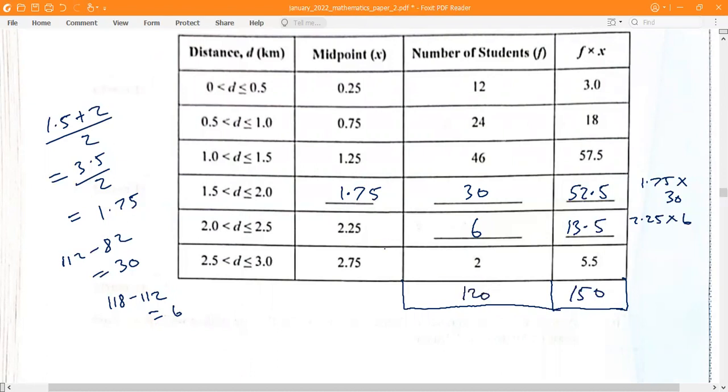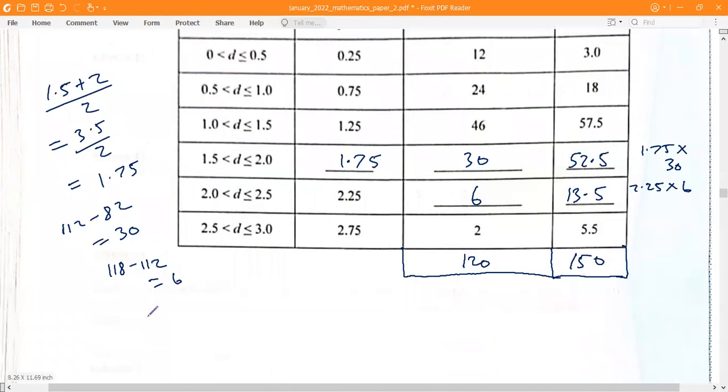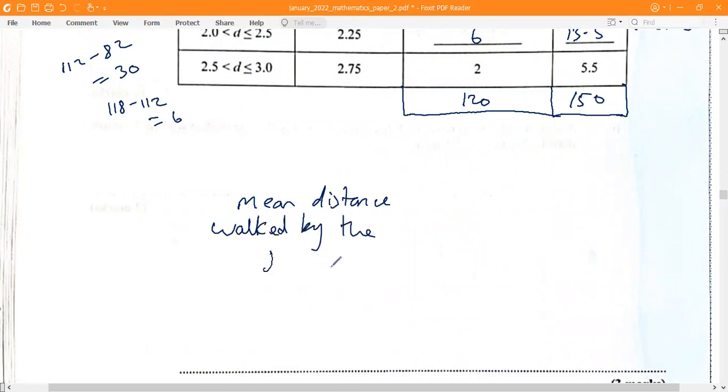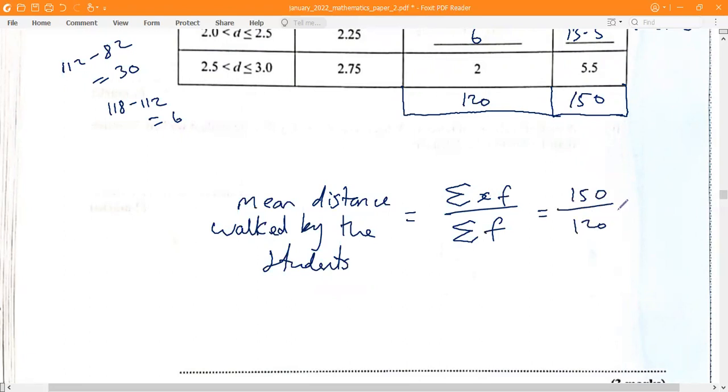We are asked to calculate the mean distance walked by the students. All right, so the mean distance walked by the students is equal to the sum of XF divided by the sum of F, right, which should be 150 divided by 120, okay?